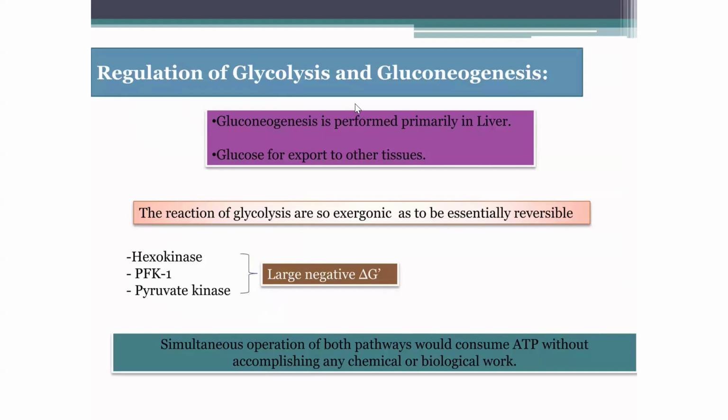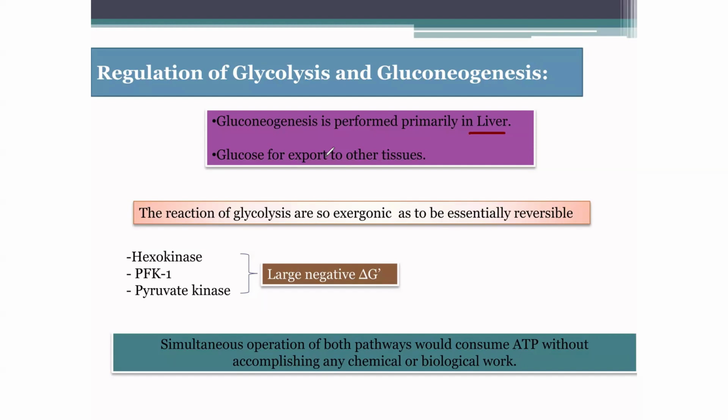Now we are going to look at the regulation of glycolysis and gluconeogenesis. Gluconeogenesis is performed primarily in the liver, and glucose is exported for other tissues. Gluconeogenesis is a process where non-carbohydrate materials are utilized to generate glucose.